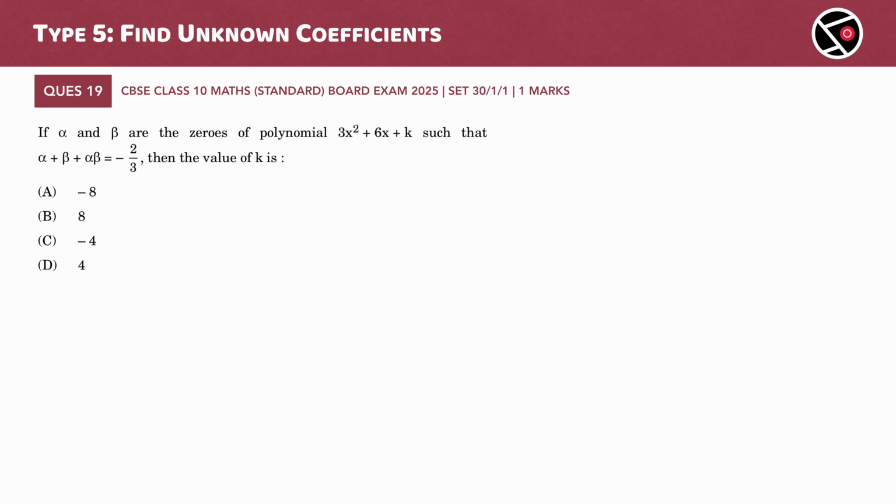Alright, we have a polynomial with two zeros, alpha and beta. And we need to find the value of k, the constant term. We start with the given condition. Alpha plus beta plus alpha beta equals minus 2 over 3.